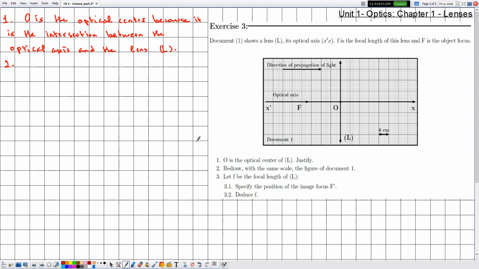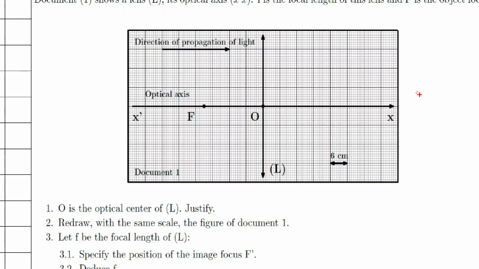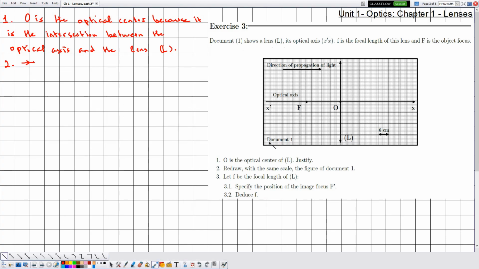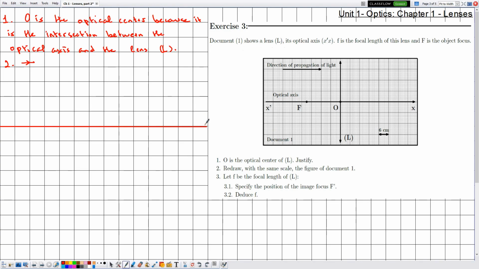And now in number 2 they are telling me redraw with the same scale the figure of document 1. So notice that here the direction of propagation of light is from left to right. And whenever we need to redraw, we always start by drawing the optical axis at the middle, having the same direction of propagation of light. So this is x prime and this is x.